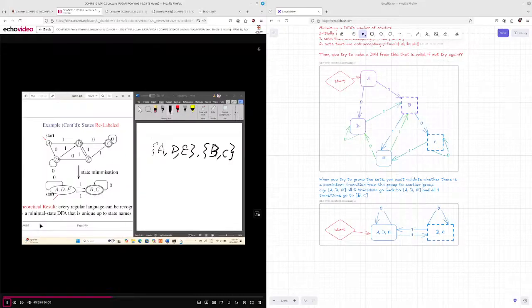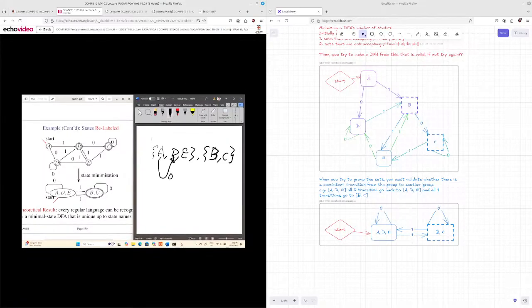So if the next input is 0, we can reach D. Now we look at D. If the next input is 0, where can we go? We stay in the same state D. Now look at E. If the next input is 0, we go to D.